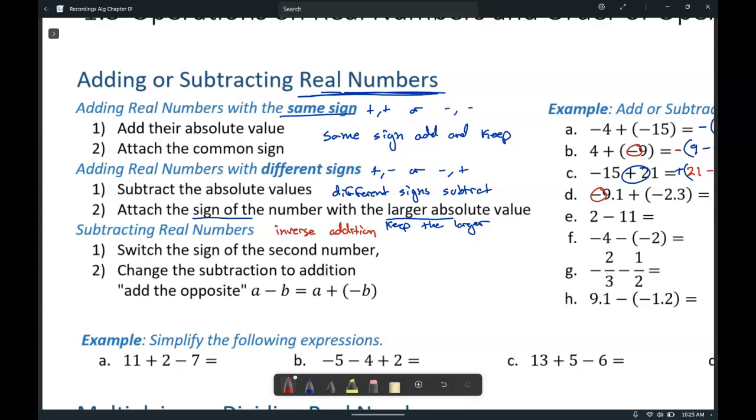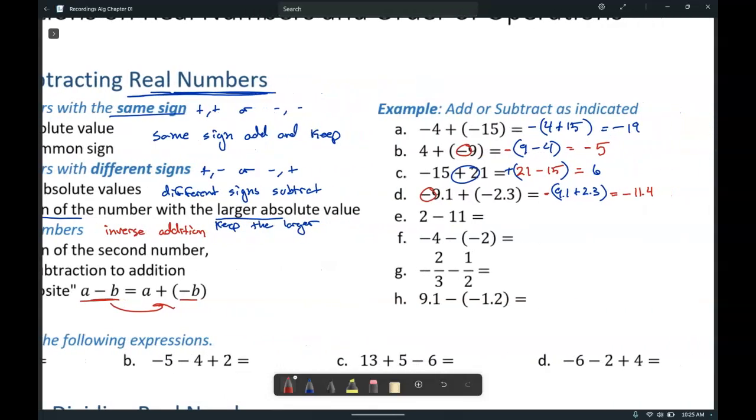So when we subtract, it's actually adding the inverse. And so what we do is we switch the sign of the second number, and we'll change the subtraction to addition. We want to add the opposite. So a minus b becomes a plus whatever the opposite of b was. If b was positive, make it negative. If it was negative, make it positive.